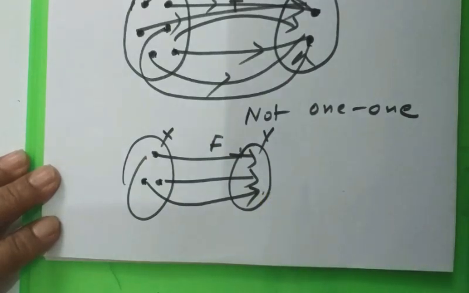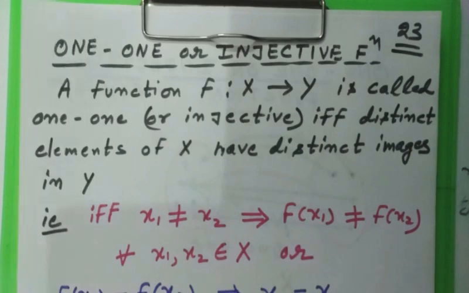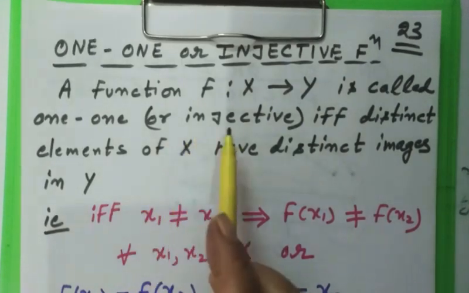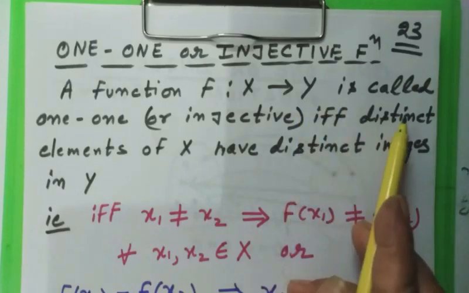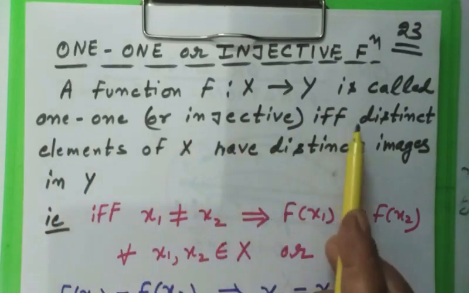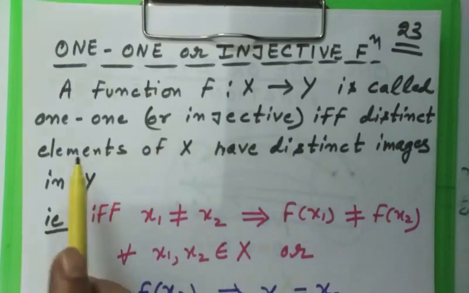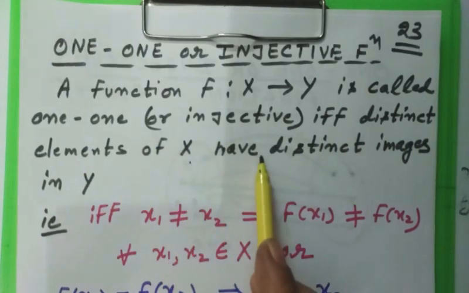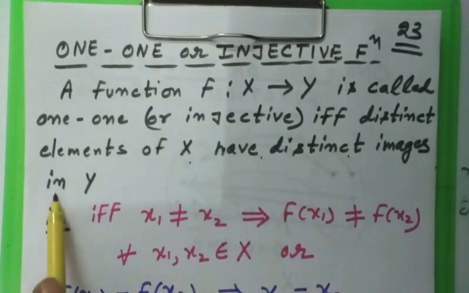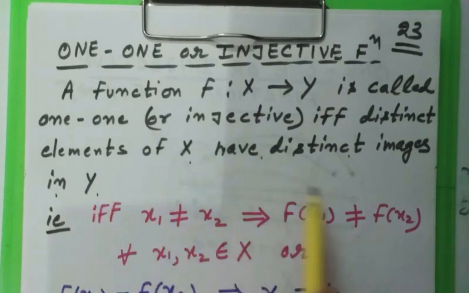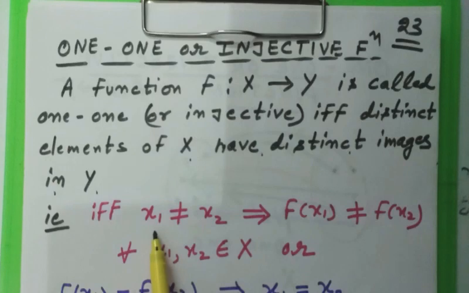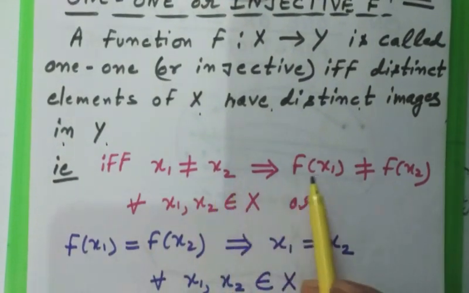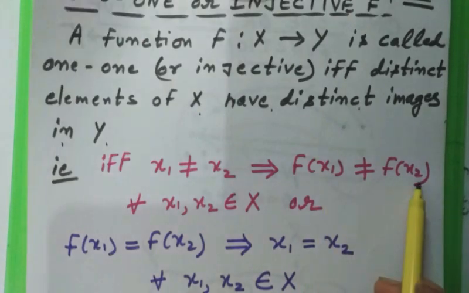So, let us write the definition now. A function f from a non-empty set x to a non-empty set y will be called one-one or injective if and only if distinct elements of x have distinct images in y. Let us write the same thing in other words. If x1 and x2 are two non-equal elements of the domain set, then their images should also be not equal.